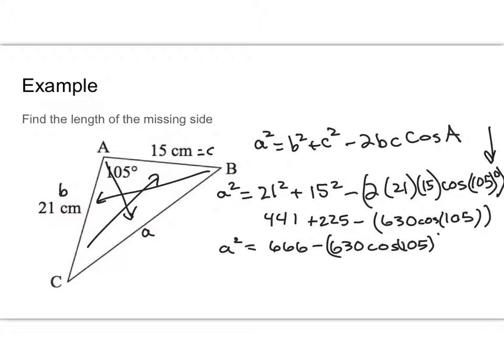If you're doing this in one step, please put the parentheses around that so it doesn't do 666 minus 630 first, because the order of operations says that this has to be together. When I'm done, I need to take the square root of that. And I end up with A is about 28.8 centimeters.